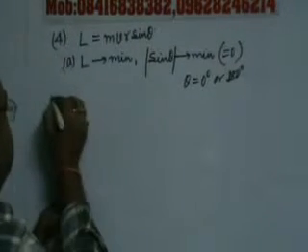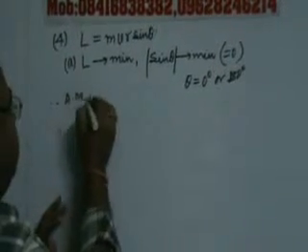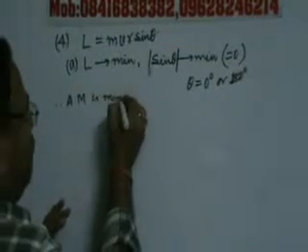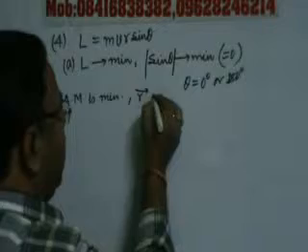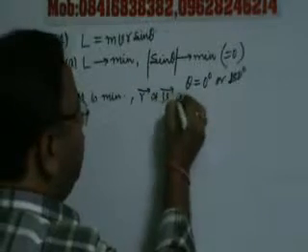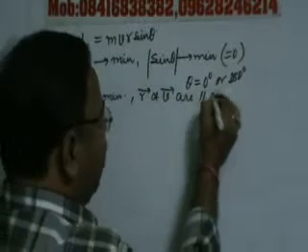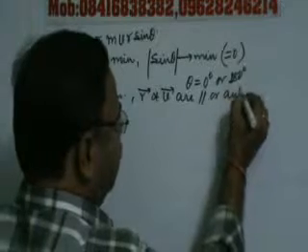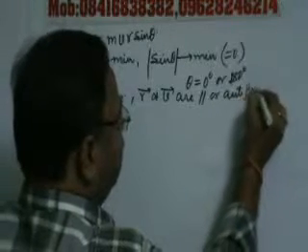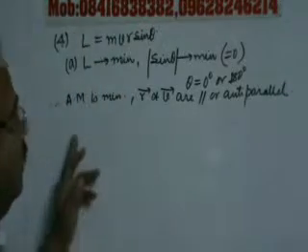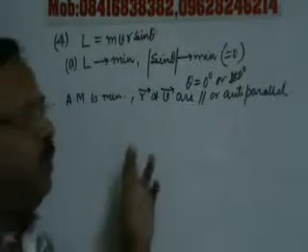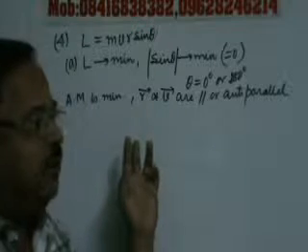So we can say that this angular momentum is minimum if vector r and v are parallel or anti-parallel, right?